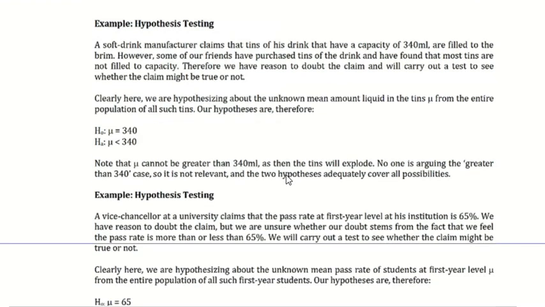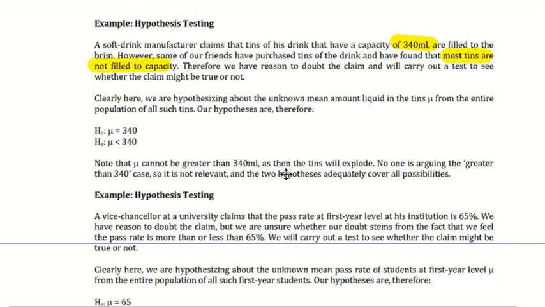As I said, guys, the examples are a little bit odd, but I didn't design them myself. A soft drink manufacturer claims that the tins of his drink have a capacity of 340 mils, and he says that they are filled to the brim. Some of our friends that purchased the tins have found that most tins are not filled to capacity.